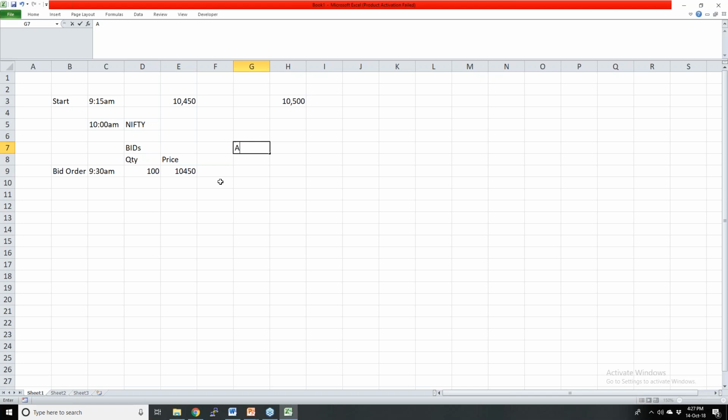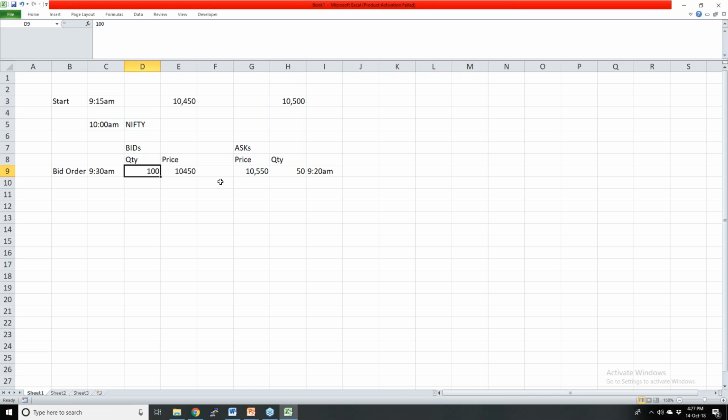And then there are asks, with similar price and quantity. So say at 9:20, there was a person who wanted to sell 50 shares at 10,550. Is this clear?